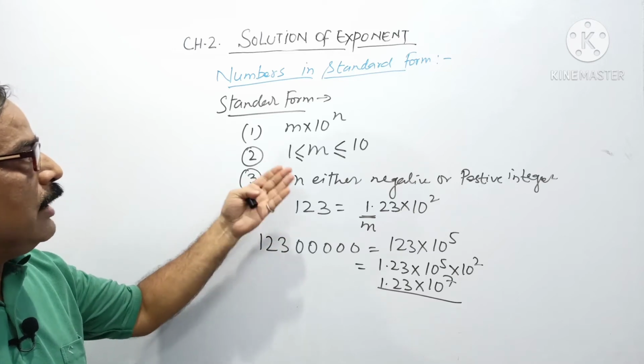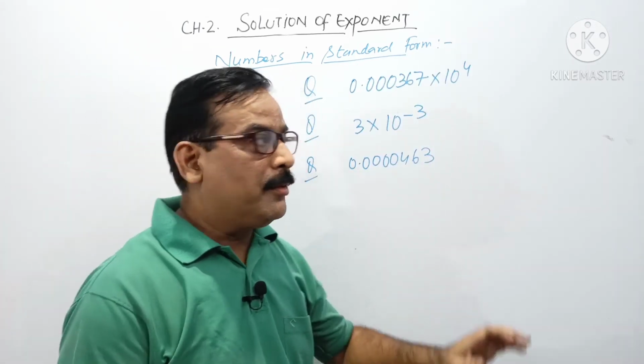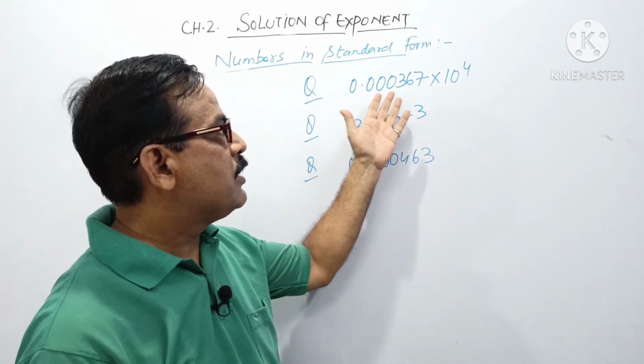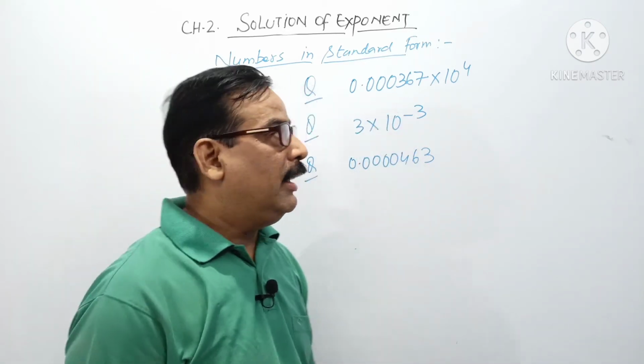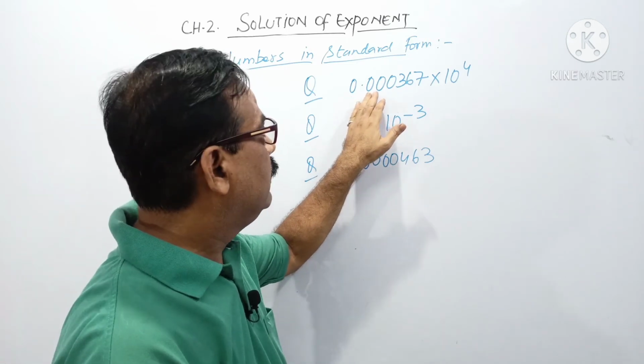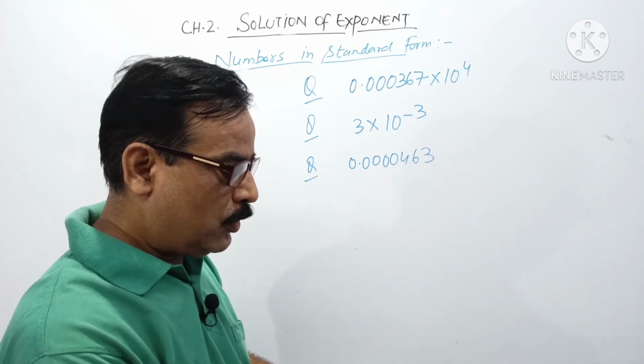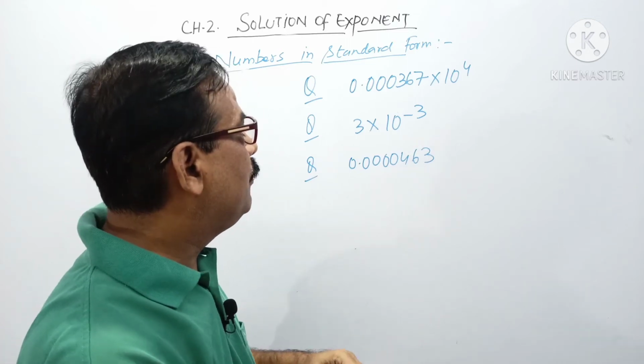We are giving more examples regarding standard form. Guys, we are looking at some questions regarding standard form. In the first question, 0.000367 into 10 to the power 4 is given. How can we make it standard form?